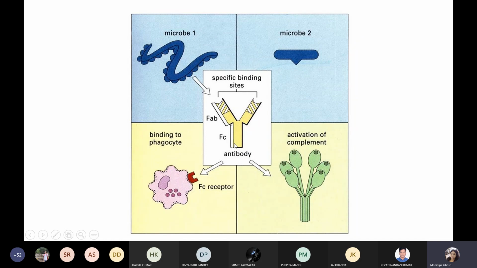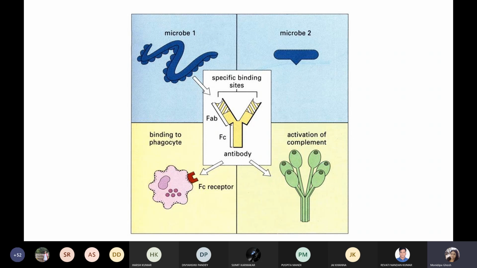This FC portion has some complementary sequences to the receptor expressed over the host cell. The host cell receptor amino acid sequence and the design of its orientation match with the antibody FC region, so that they can fit with each other perfectly.